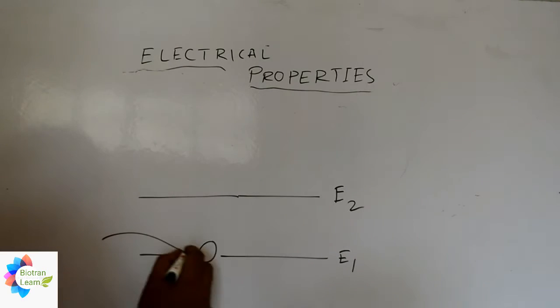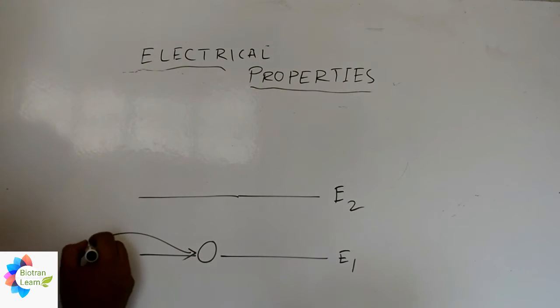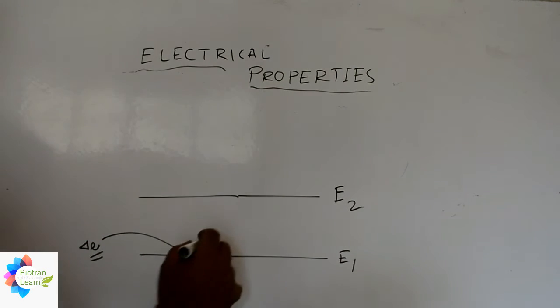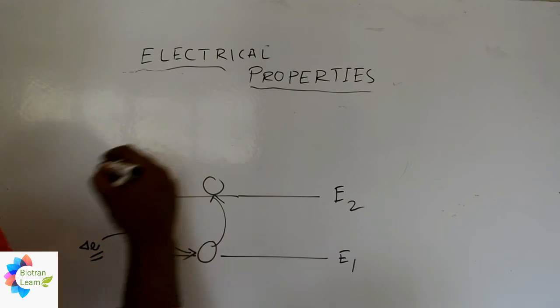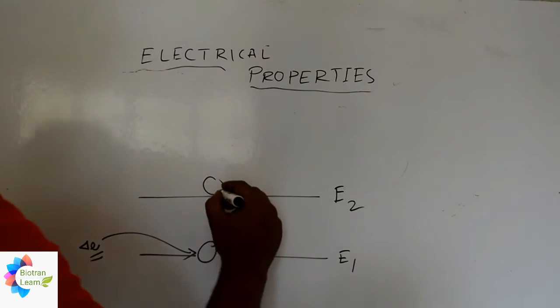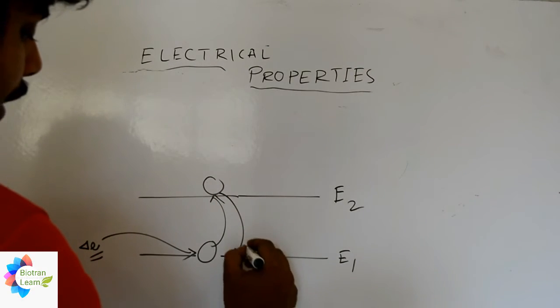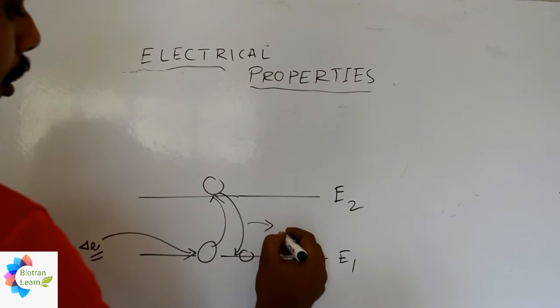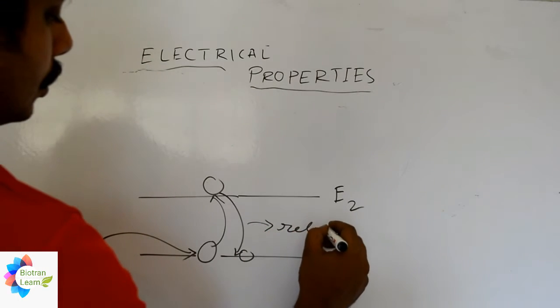Whenever it gains some amount of energy, it will jump to the next orbit, and then it will come back to the first orbit when it releases the energy, right?